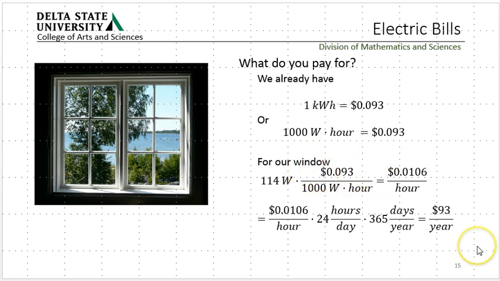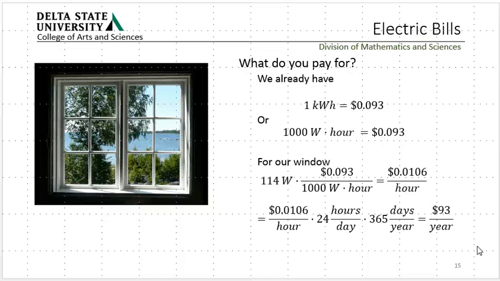$0.093 per 1,000 watt hours. And that's going to give me $0.0106 per hour. So that's what? A penny an hour, right?